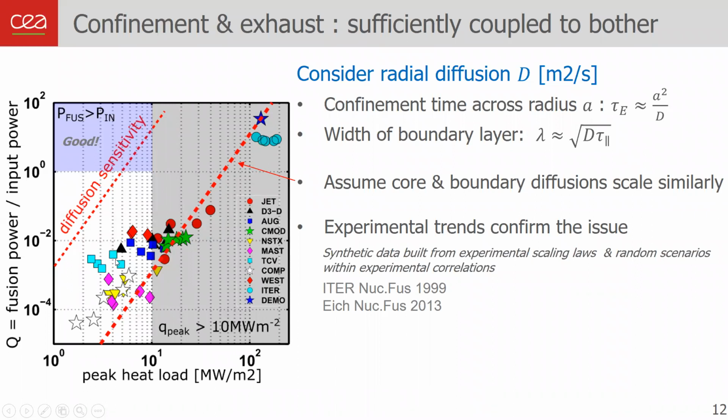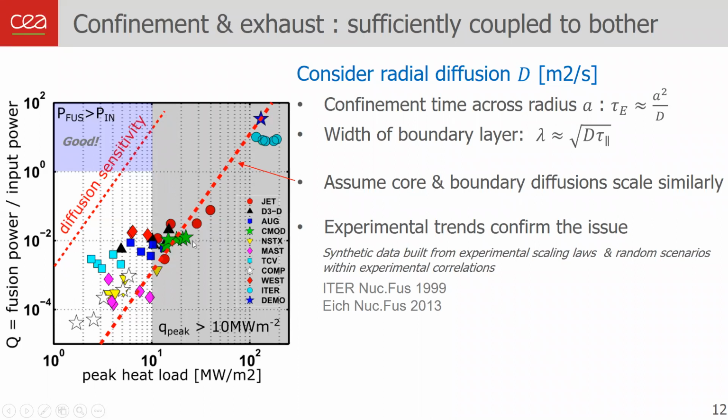These points are synthetic experimental points constructed from scaling laws, picking random scenarios within experimental correlations. And assuming, of course, current machines don't do DT fusion, they only operate with deuterium, assume you can mix 50% deuterium-tritium, use energy confinement time scaling laws, you can reconstruct the fusion power and build this Q factor. And same thing for peak load.